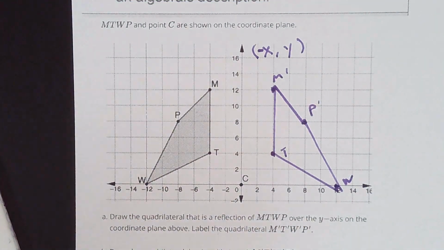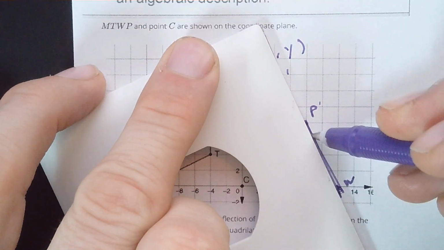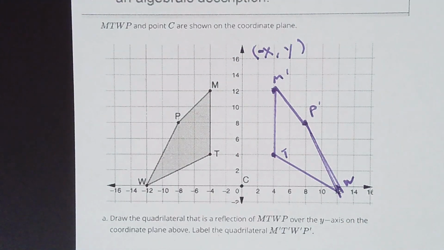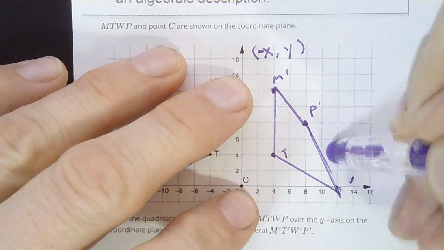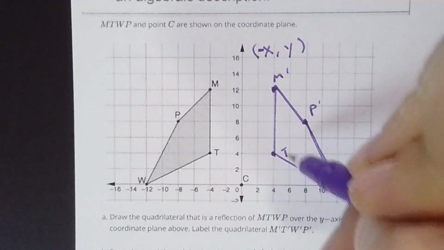Just a little bit, missed a little bit here. I'll redo that. Okay, there we go. All right, so there's our first polygon, and that's W prime. All right, so these are all prime values.